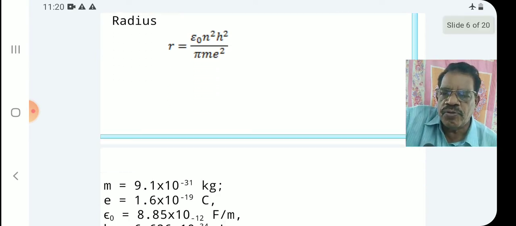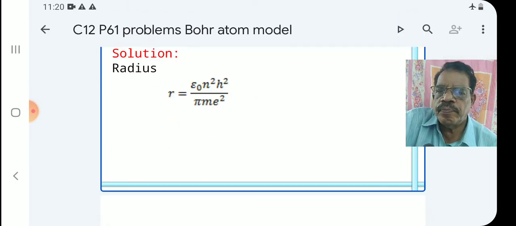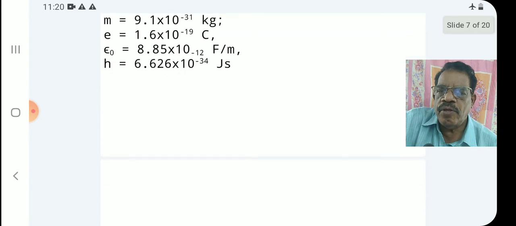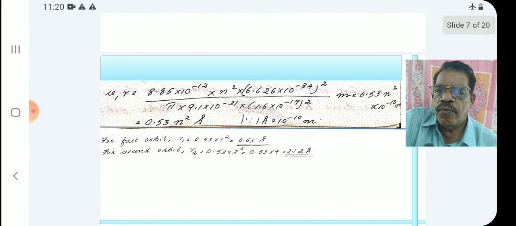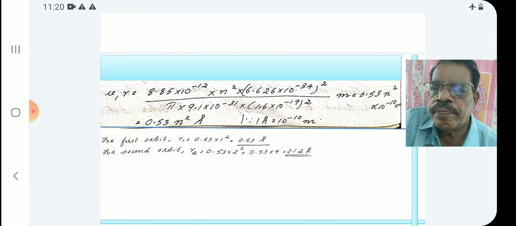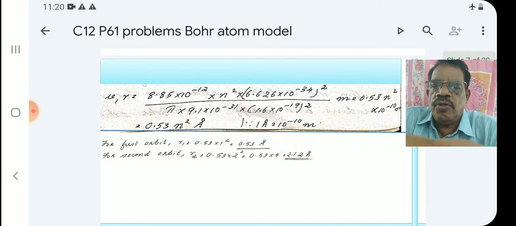You put the values. These are the values you know. We write and put the values, and we get the radius.